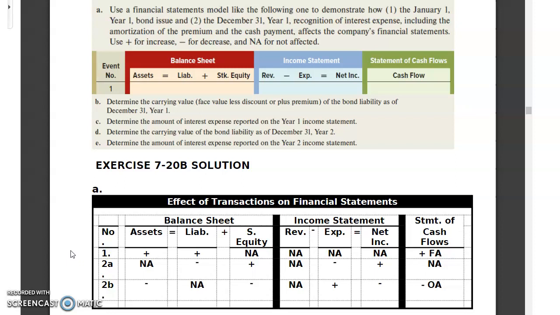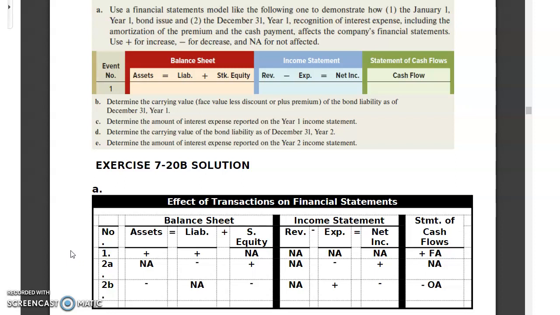We got cash and we have a note payable. It's not going to affect anything else. The statement of cash flows, and this is just the issuance of the bonds, part 1. Cash flows is going to be a positive from financing activities. Selling bonds, selling stock is a financing activity.